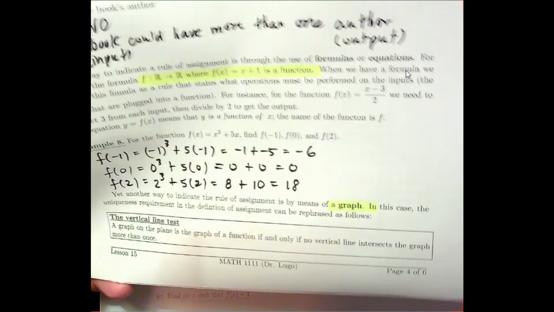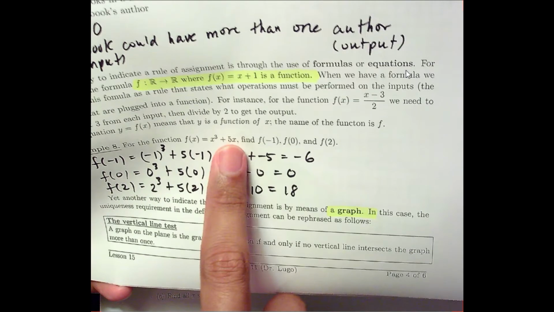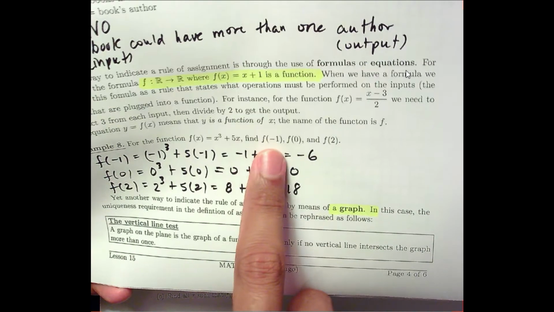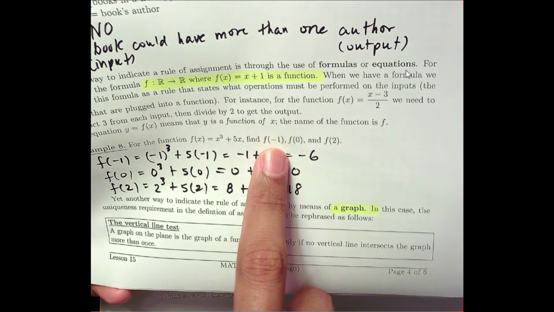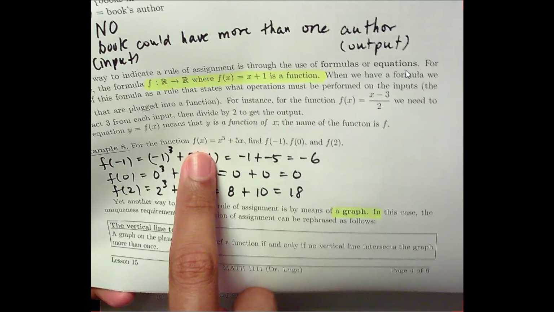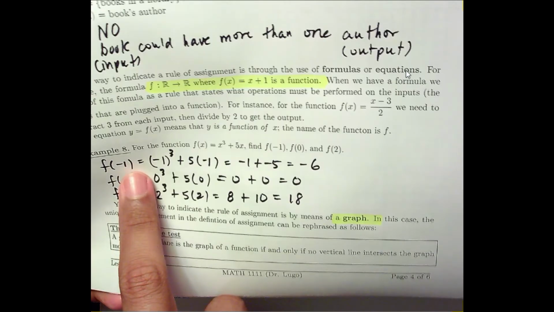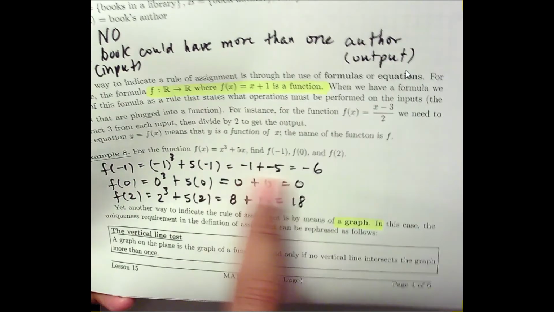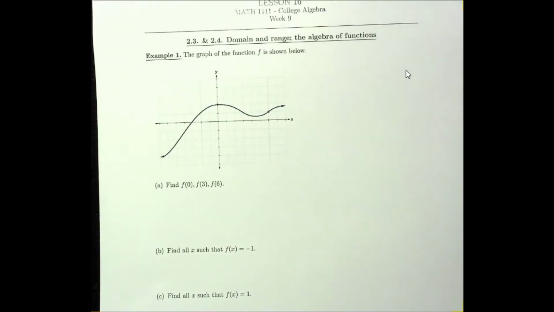So if you have a formula and you're asked to evaluate the function at a number, all you have to do is plug it into the formula and simplify. Now we're going to do that visually if you have the graph in front of you.